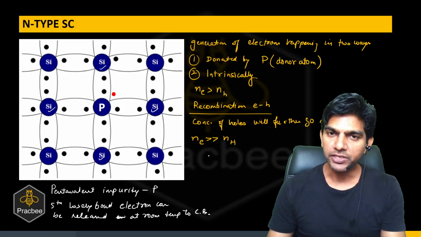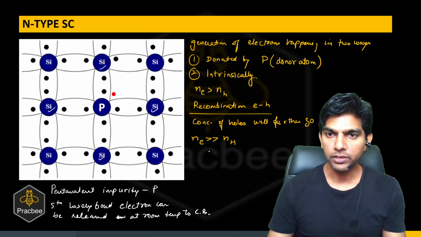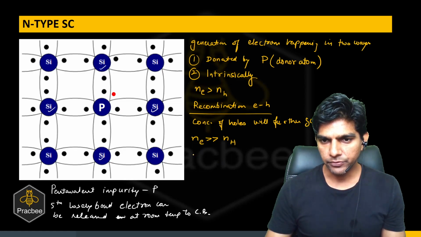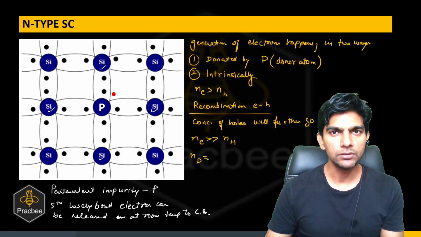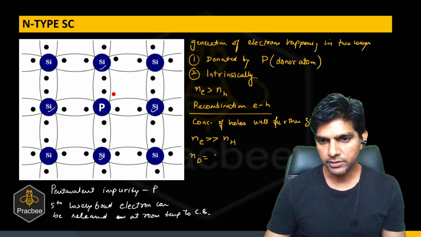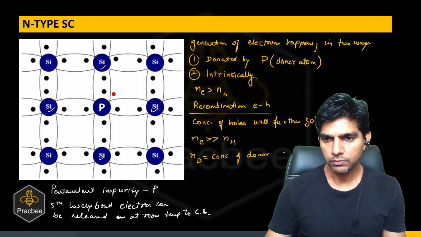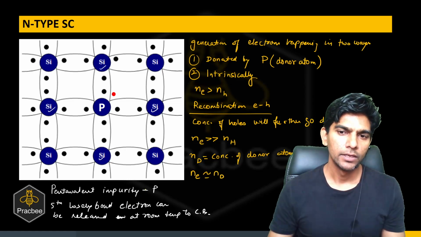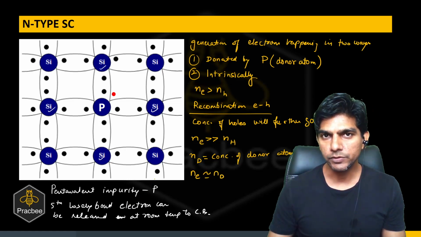So the majority of the electrons will come from where? It will come from the phosphorus. So if we have Nd, Nd is the concentration of phosphorus atoms, the concentration of donor atoms. So we can say Ne will be nearly equal to Nd.